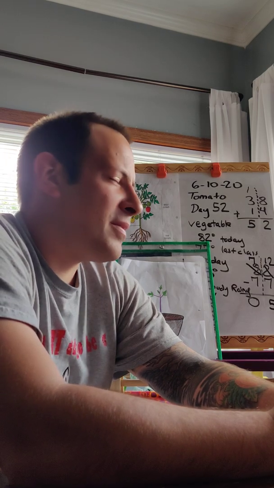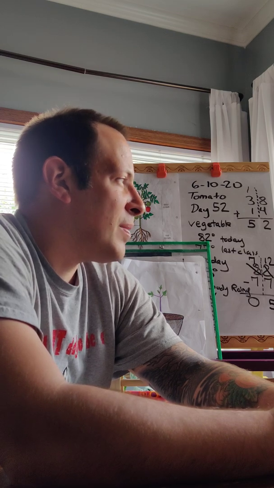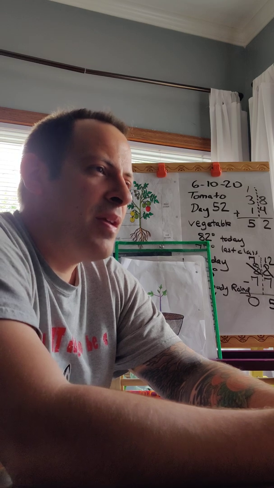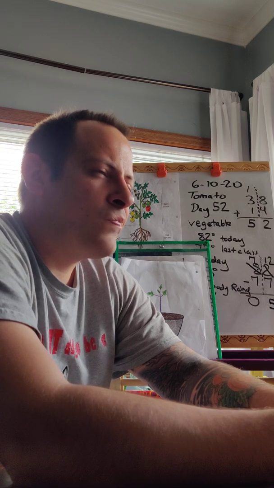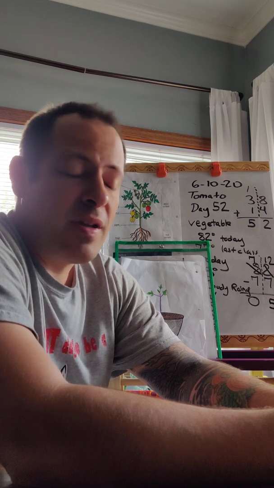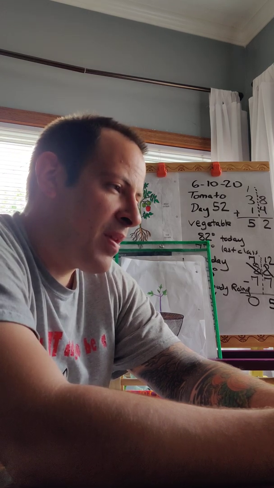Other plants that are like that, there's a couple, but I'm drawing a blank right now. Some beans are like that. Some beans like to climb. There's also squash. Some squash like to climb.